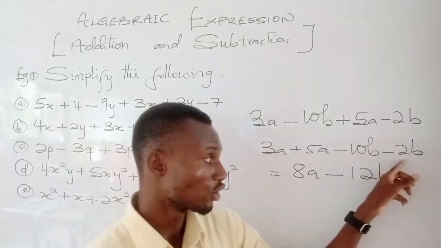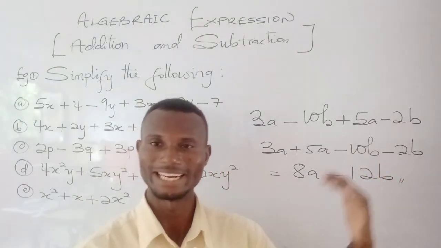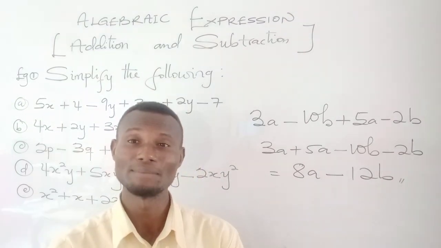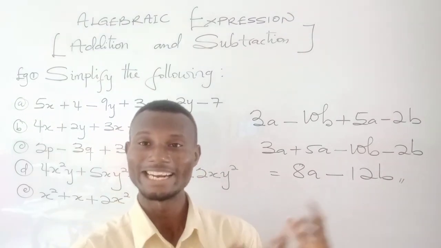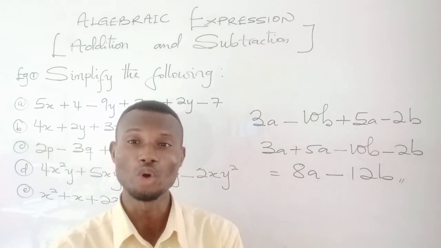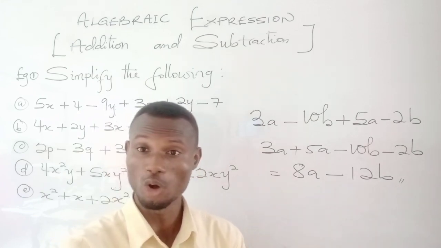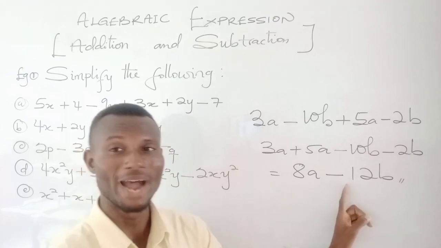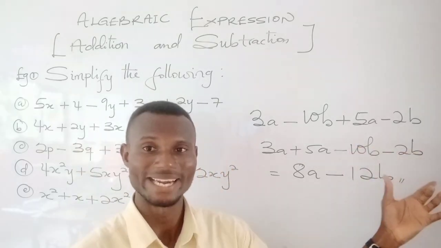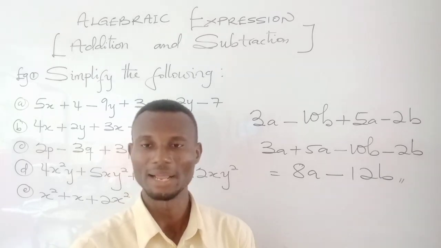Again, I have minus 2B, so I'm owing another 2. So if you are owing someone 10 and at the same time you are owing the person another 2, in all you will be owing the person 12. That's why we have minus 12B, because there isn't any positive number there to pay back.